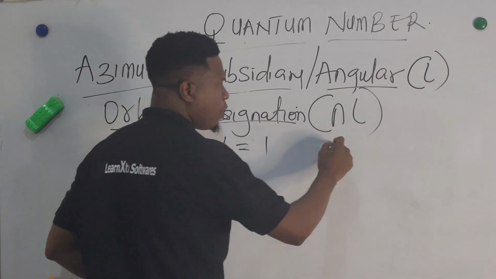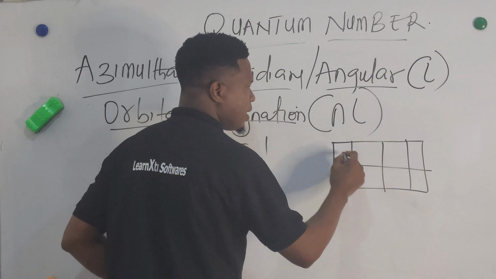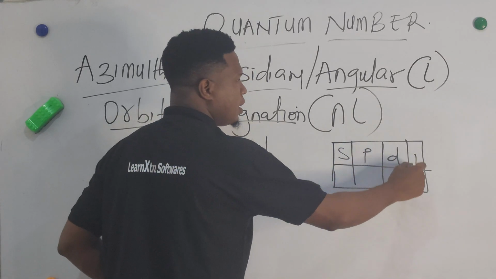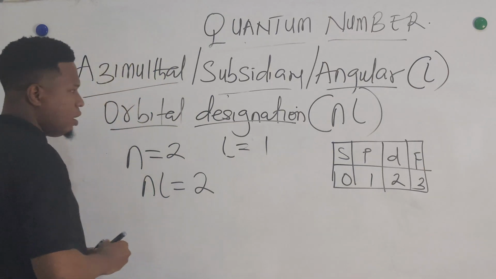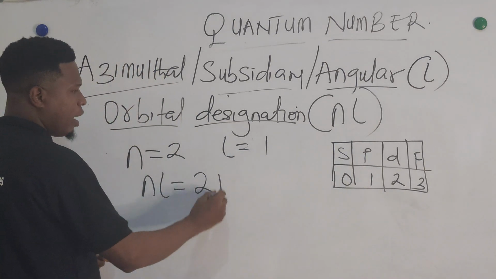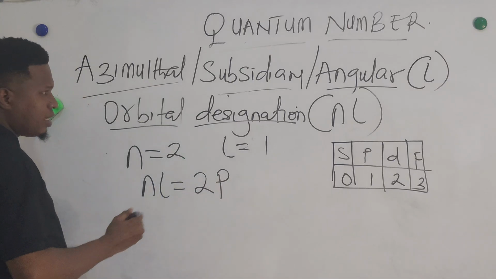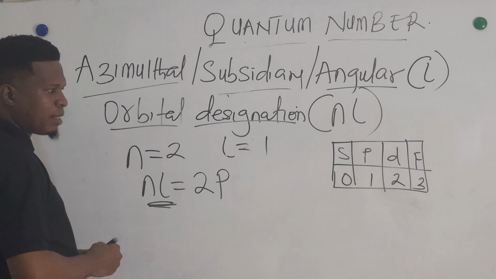Remember I told you that s, p, d, f correspond to 0, 1, 2, 3. If l is 1, the orbital is p. So join it together, and the orbital designation nl is 2p. Does that make sense?